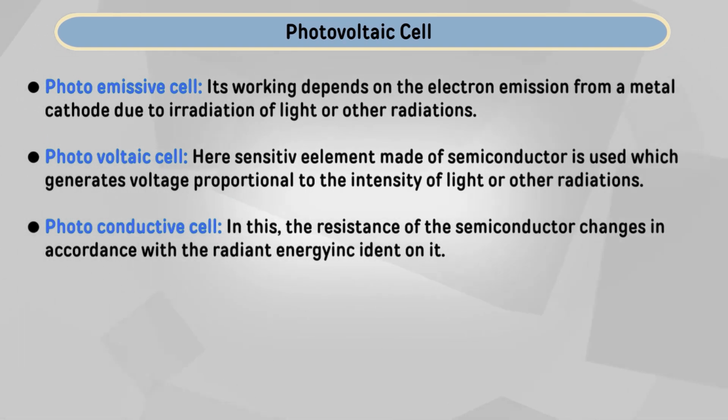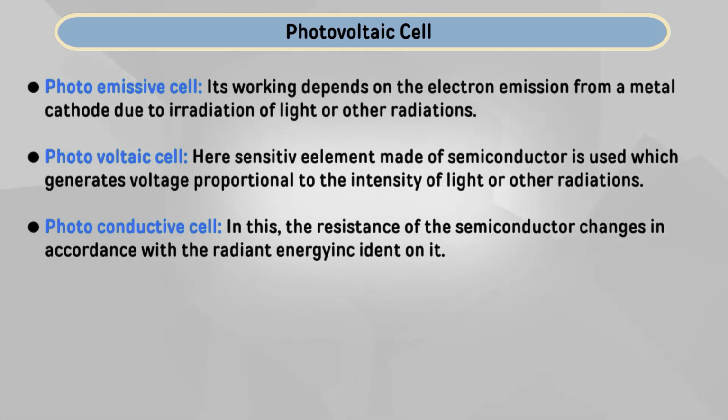In the photoconductive cell, the resistance of the semiconductor changes in accordance with the radiation energy incident on it. So, in the first case, in the photoemissive cell, the emission of electrons takes place when light irradiates the surface.